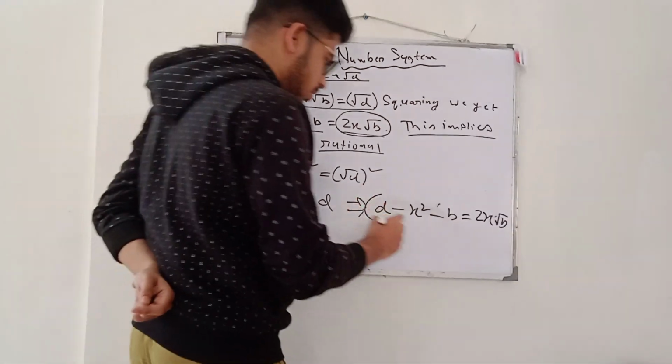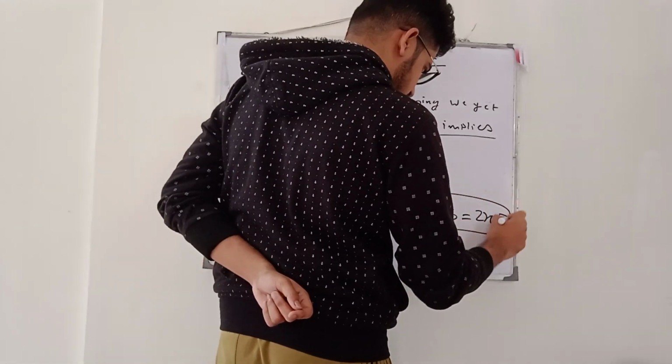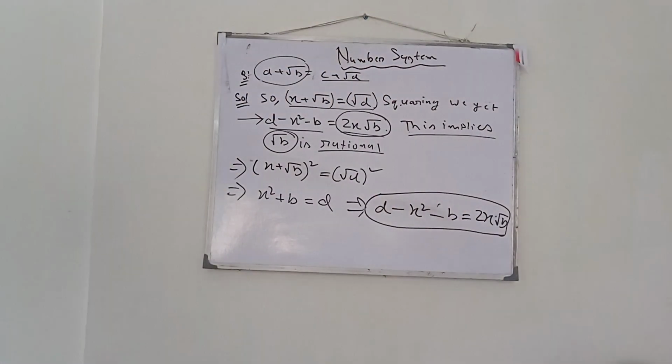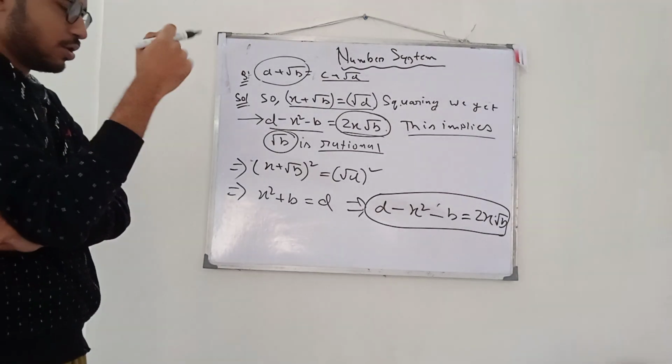So this is, I think, the formula which is saying 2x into root b. Here, x square minus b is 2x into root b.